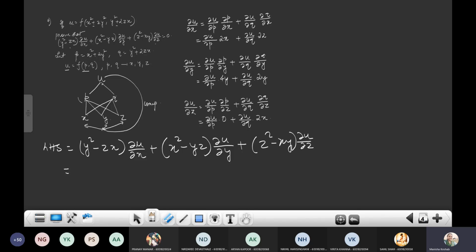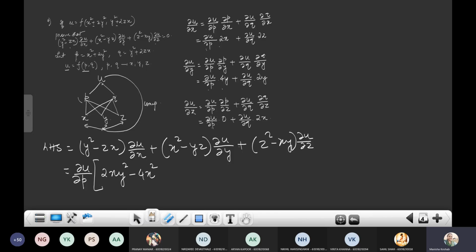Now, instead of multiplying everything together, you can see that ultimately you have to add, right? So ∂u/∂p is common. So let us take ∂u/∂p, and then you multiply the coefficients with the other. So what will we get then? 2x into y², so 2xy² minus 4x² from here.